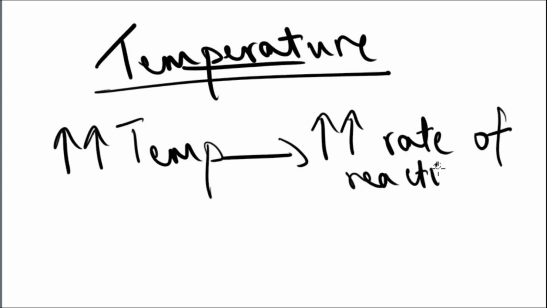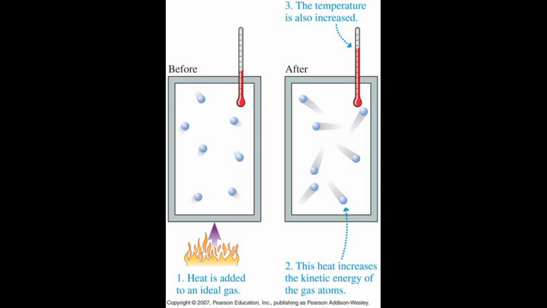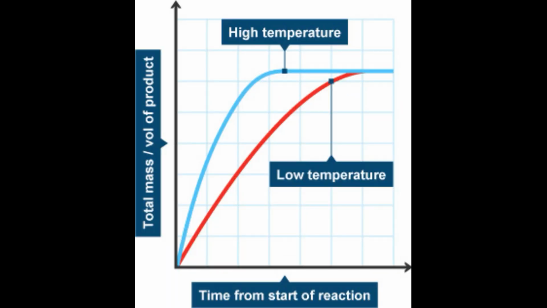Temperature increases the kinetic energy of the molecules involved, and because of this they have more energy and they move faster and bump into each other. There are more collisions and the reaction is more likely to happen quicker. So if we compare two reactions, increasing the temperature will allow the reaction to proceed faster than the one where the temperature is lower.